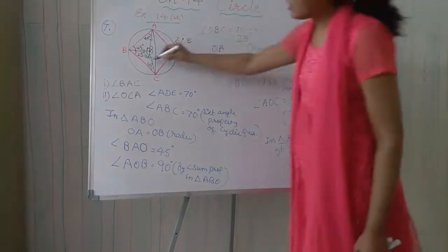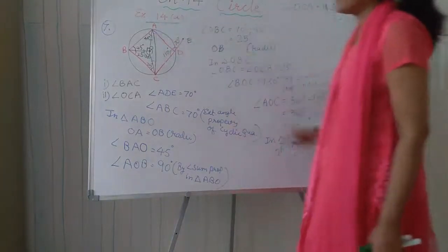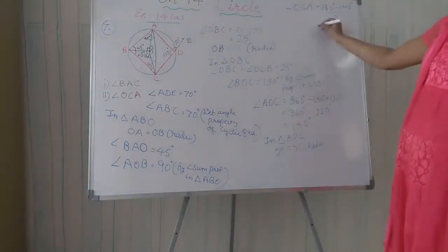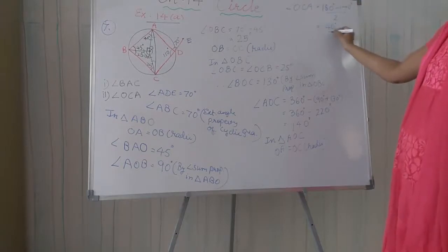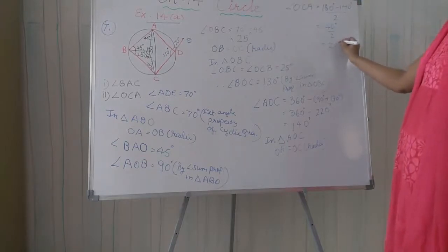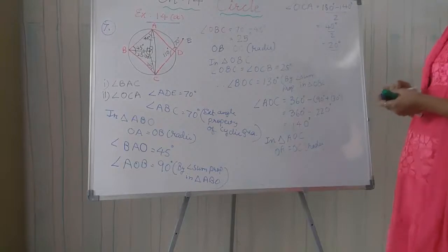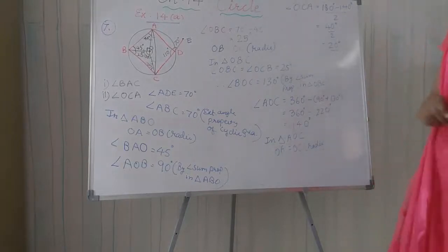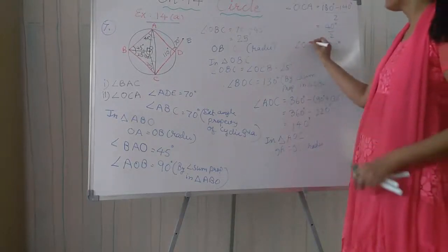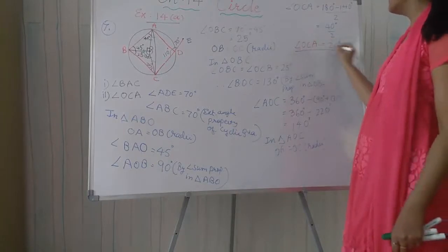Why? Because these two angles will be the same, no? So let it be x, x. Like that I am writing directly 40 degrees divided by 2 is 20 degrees. So we get our first answer, angle OCA as 20 degrees.